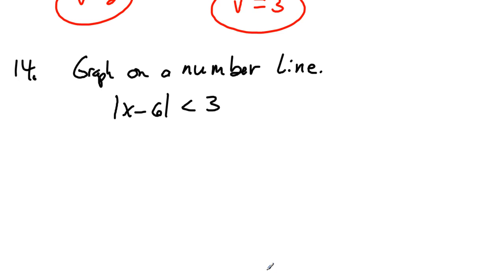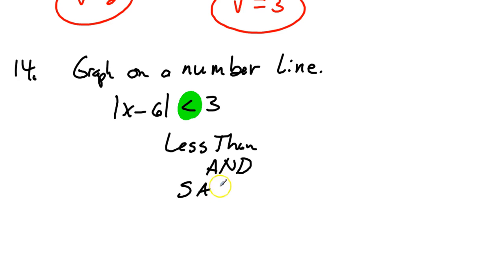Okay, and the big thing on 14 is when you're doing absolute values with less thans and greater thans, everything depends on what that sign is, because that sign's going to tell you whether this is going to be an "and" statement or an "or" statement. Since this one is less than, then less than is an "and" statement, which means this thing has to be sandwiched between +3 and -3.